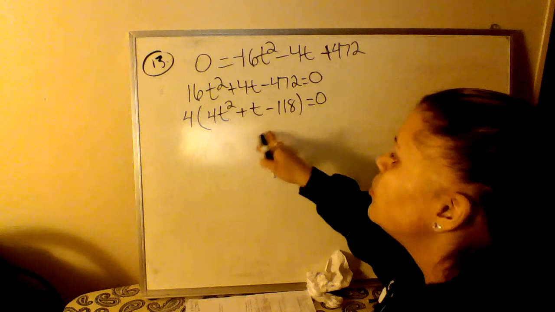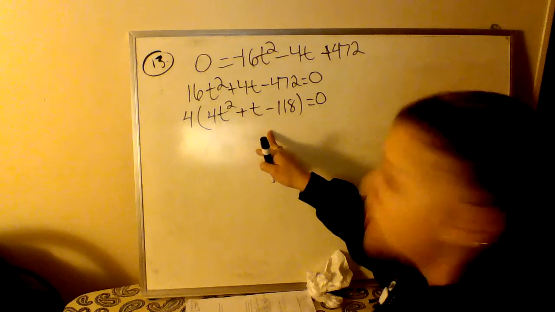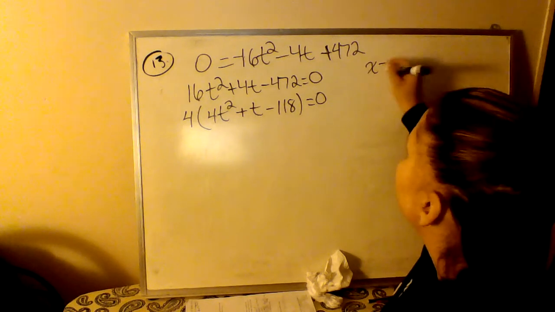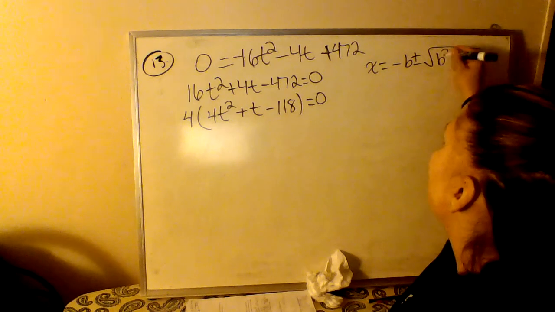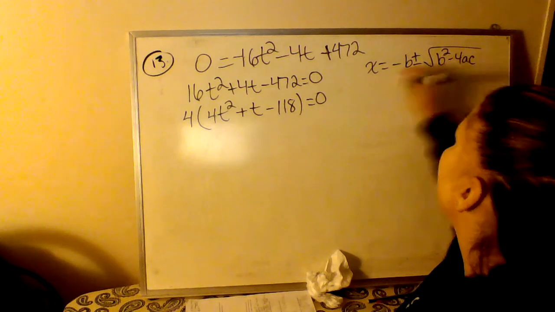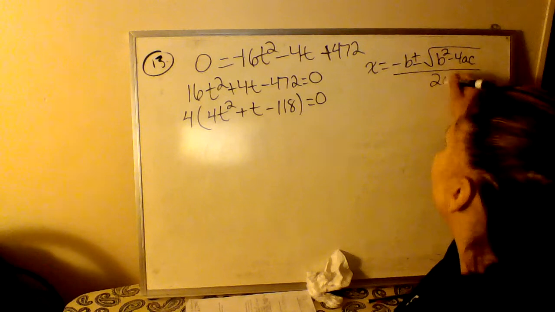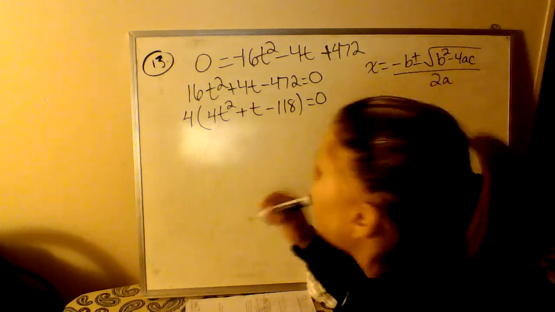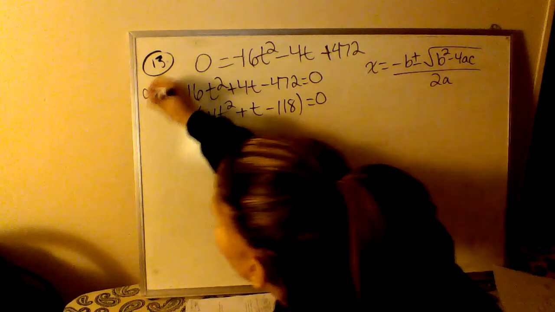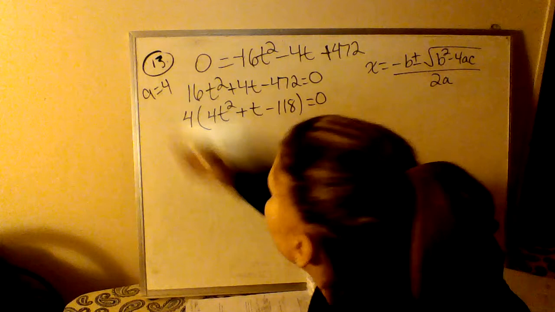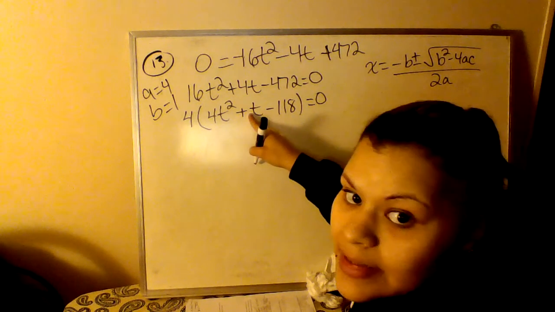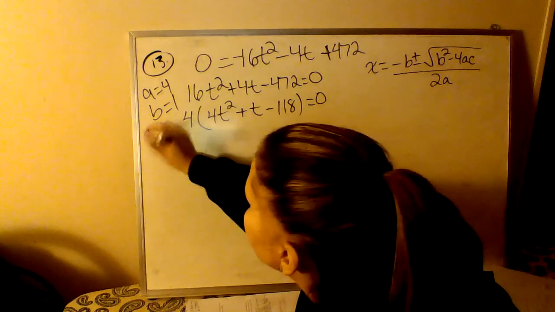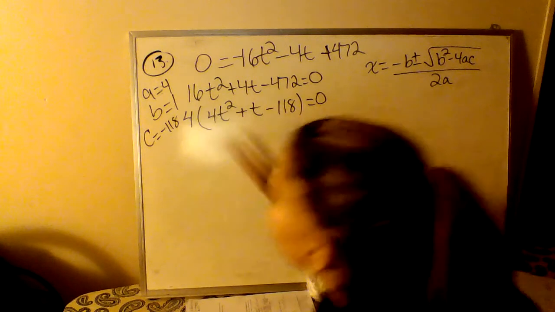This you can solve using the quadratic formula, which is x equals negative b plus minus the square root of b squared minus 4ac, all over 2 times a. So let's identify our a, b, and c. A is 4, b is 1, so there's a 1 in front of that t, and then c is negative 118.